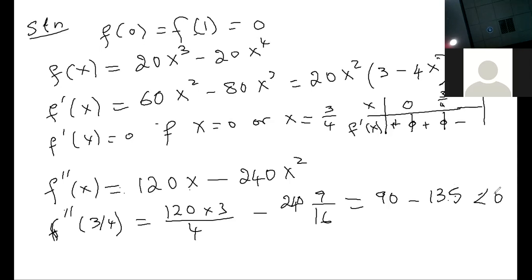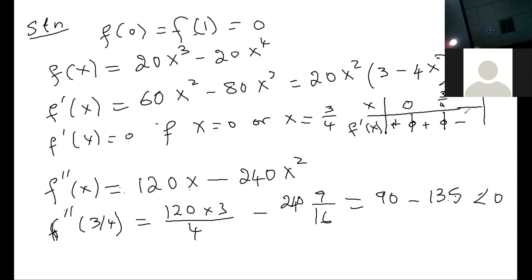So you have two methods: either the table of variation, the table of sign of the derivative. If it changes from positive on the left to negative on the right, then it is an upward curvature, so it's a local maximum. If it is negative then positive, it's a local minimum. Or you find the second derivative.